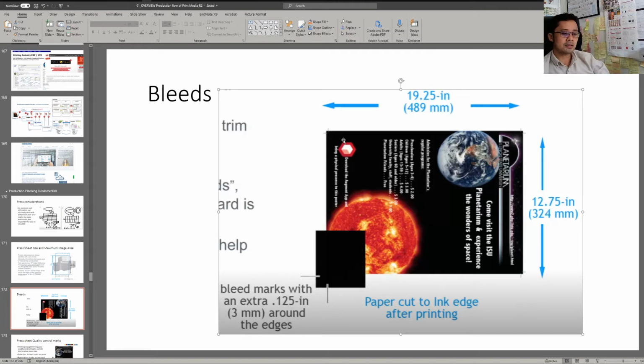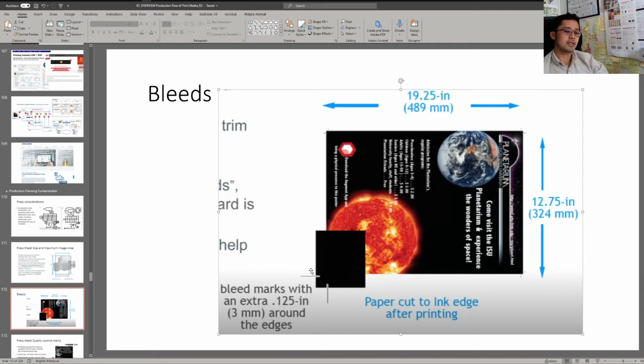Extra. So in this example here, this is a poster, 489 mm kali dengan 324 mm. So here I have highlighted bleed marks with an extra. Ini bleed mark. Ini tanda bleed.